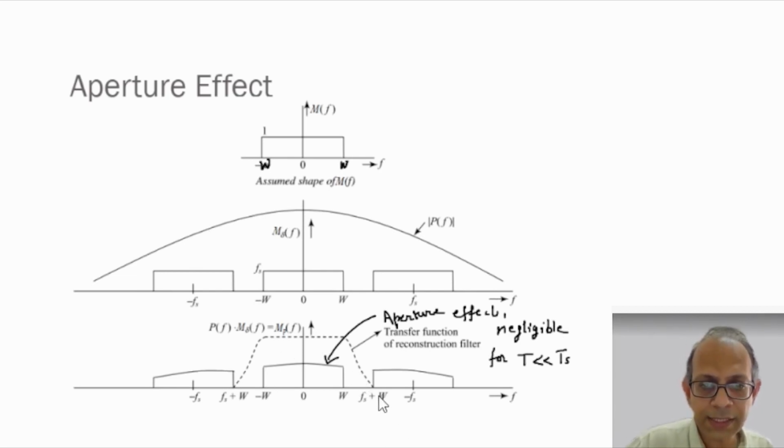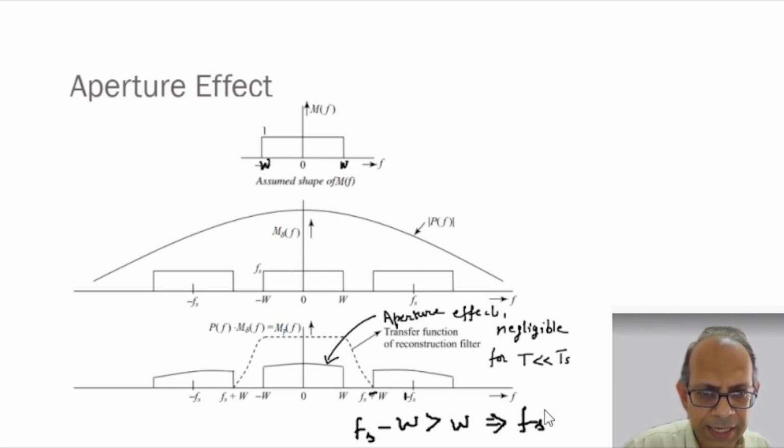This is Fs minus W, and this is W. So as long as Fs minus W is greater than W, that is Fs is greater than 2W as per the sampling theorem, we can still use a low pass filter to recover this part of the spectrum.